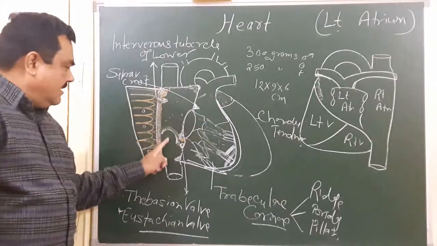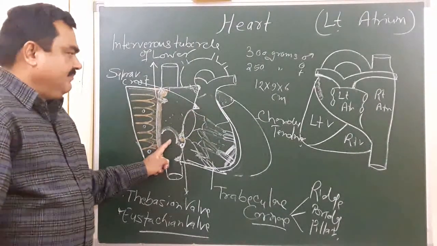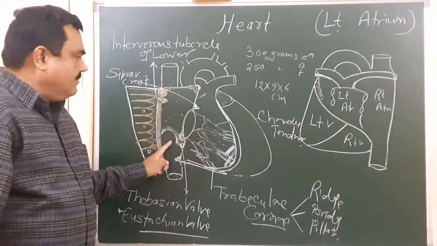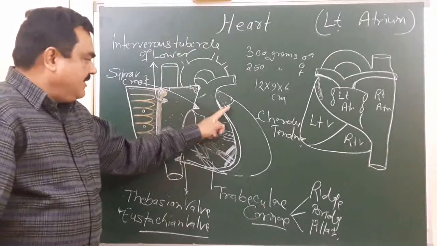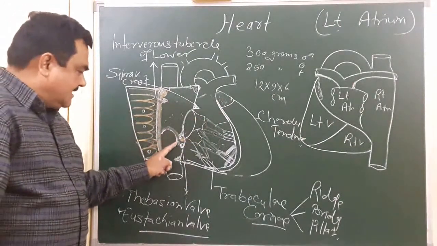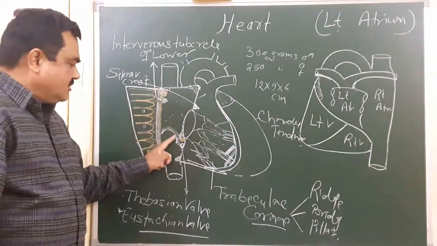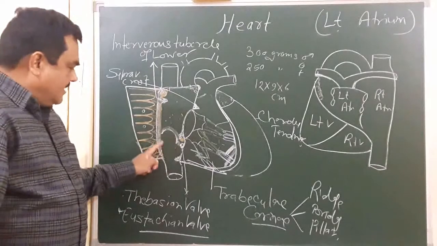And here is the interatrial septum. This septum lies between the right atrium and the left atrium. Here is the fossa ovalis.